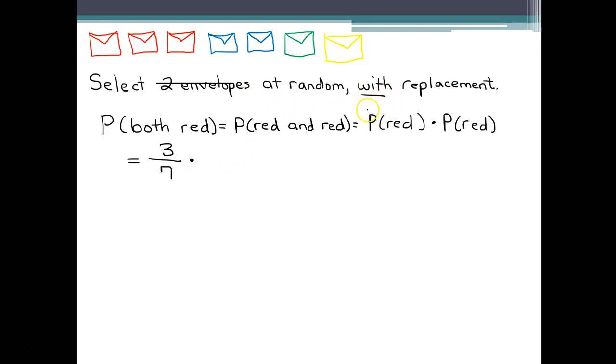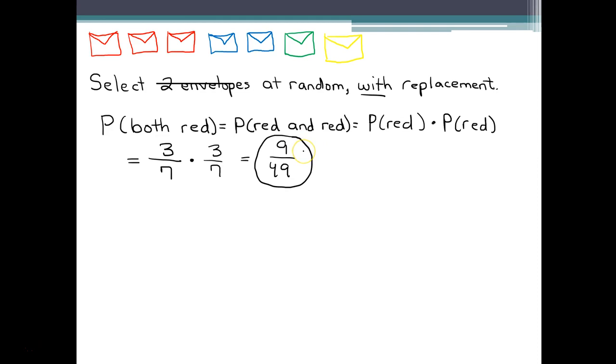So with replacement means you picked a red on the first pick, you got what you wanted, you got red, then you put it back, you replaced it. Then you go ahead and draw the second envelope. You see what you got with that first one put back in there. So you again have a probability of getting a red as 3/7. 3 times 3 is 9, 7 times 7 is 49. That does not reduce. So there you go.